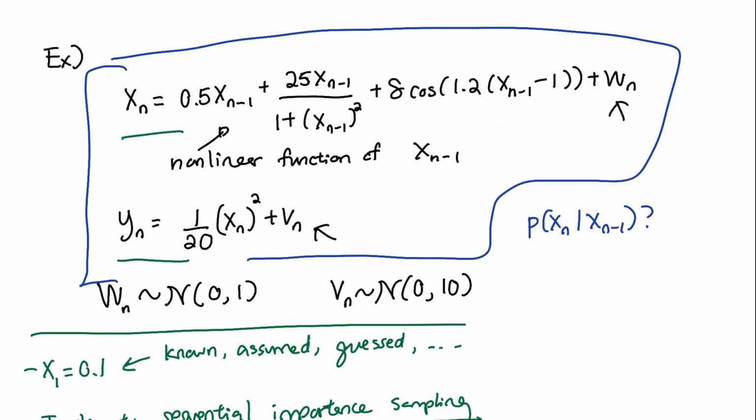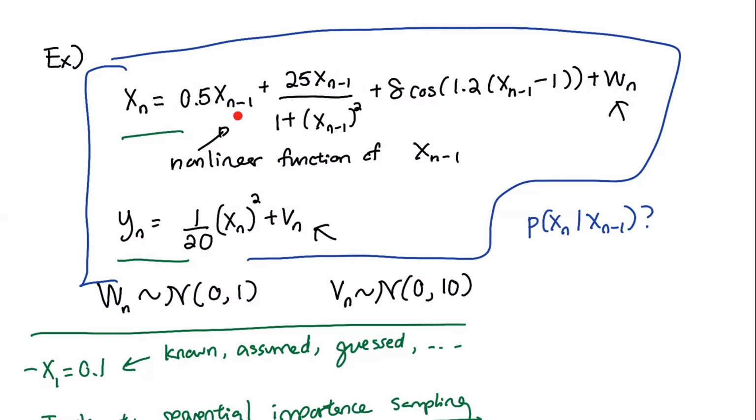It's a Gaussian distribution. Why? Because we have no xn minus 1 now, so xn is just associated with wn. Okay, so right. In this term, this is a known number.